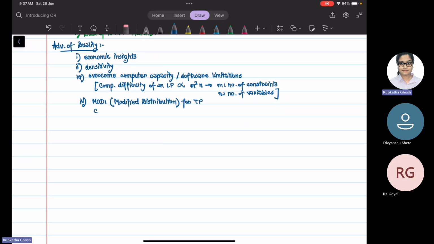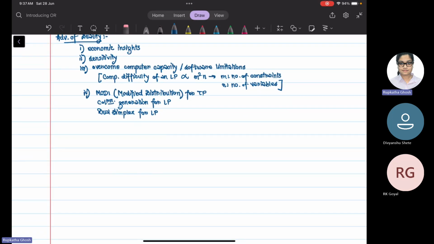Then you have column generation for LP. Then you have dual simplex method. Okay, there is also something called dual simplex method for LP. You can, of course, read all these on YouTube. MODI, I think we'll be covering. Dual simplex is also a very nice topic. I'll try if I can cover.